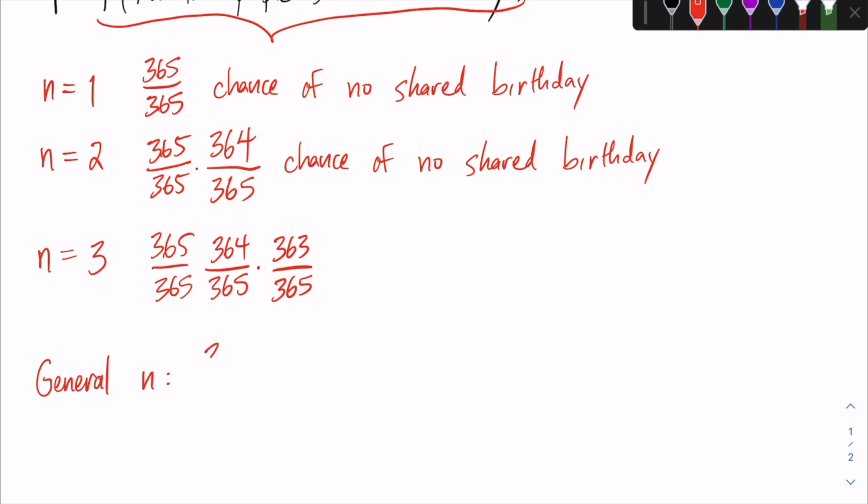Sort of on the top, it's going to be 365 times 364 times all of the way down to 365 minus n plus 1. Remember that plus 1's important, because when n equals 1, it should be 365 as sort of the last number on top. And we're going to divide each of these things then by 365.